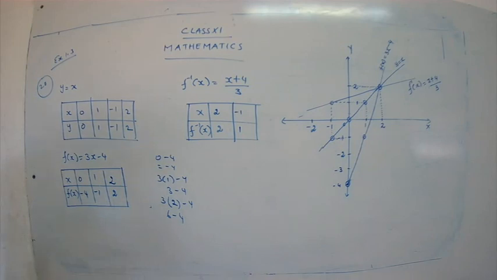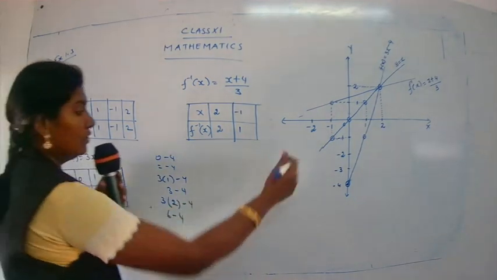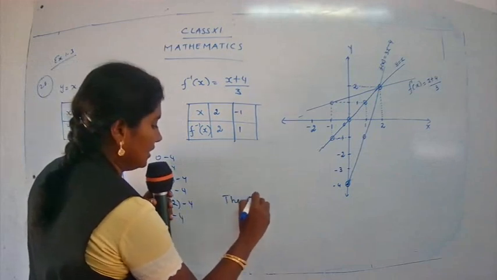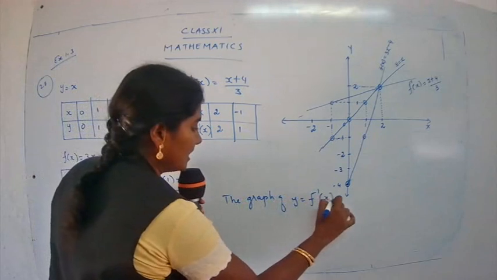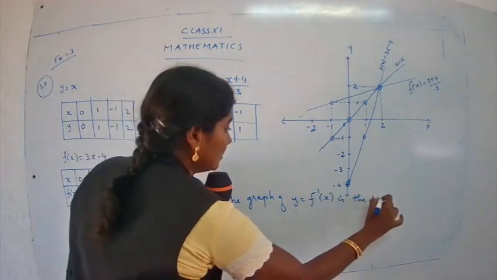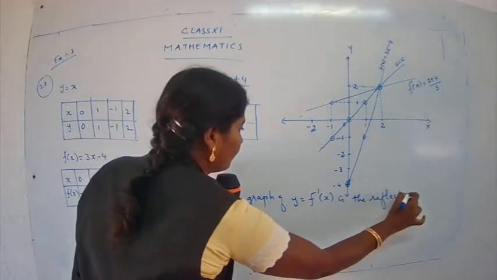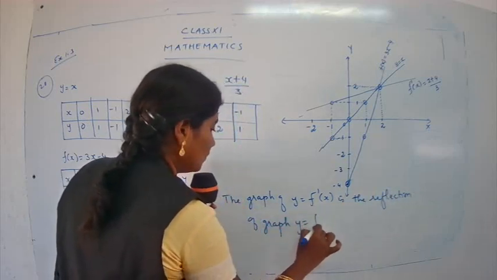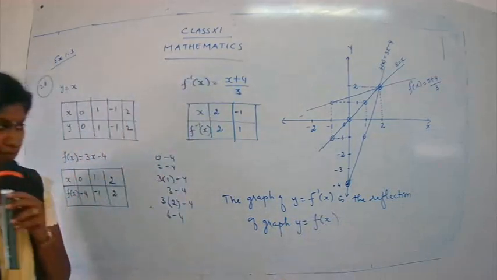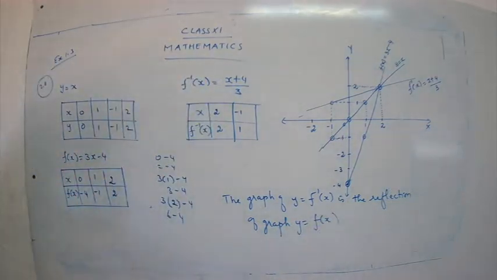Read on. So below this graph you have to write this explanation. The graph of y is equal to f inverse x is the reflection of the graph y is equal to f of x. So they are reflections. Reflection means they are the mirror image of each other. Okay.